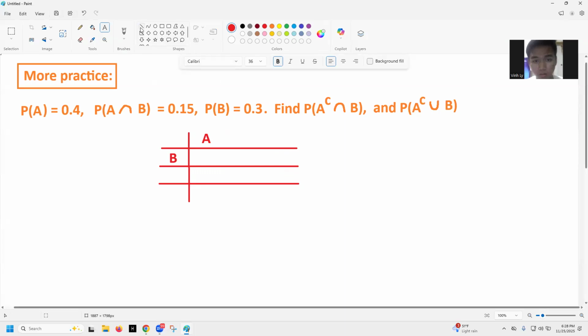That's perfectly fine. So this one has to be A^C. Remember that they are the complement probability. So this one is going to be B^C. And this one is total.